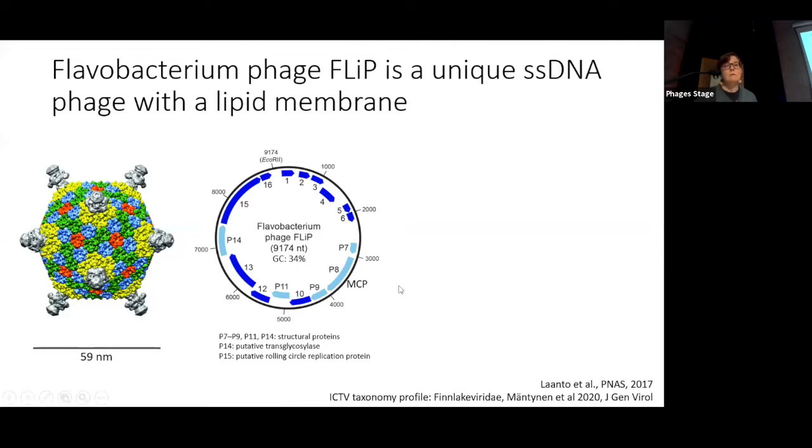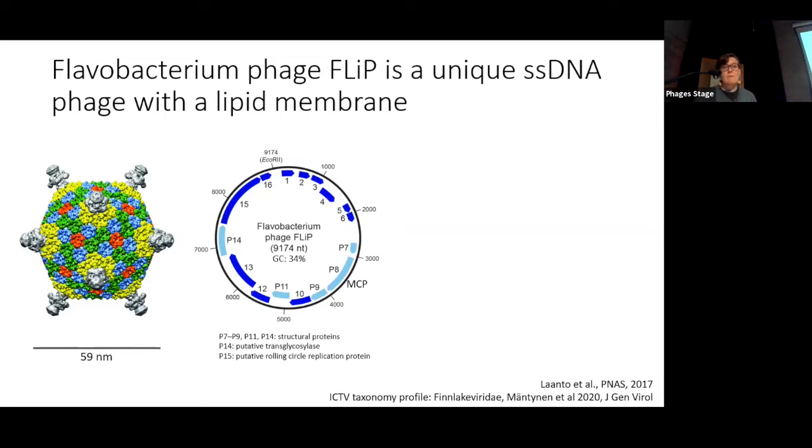There's not much sequence similarity to other known phages, but we've done the structural identification based on sequencing some of the structural proteins from the N-terminal sequencing. There is some sequence similarity in P14 to putative transglycosylases, so it has lytic enzymes, and also to a rolling circle replication protein. But this phage does not encode any DNA or RNA polymerases or ATPases.